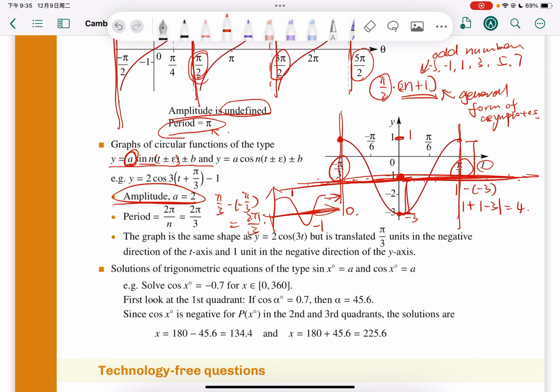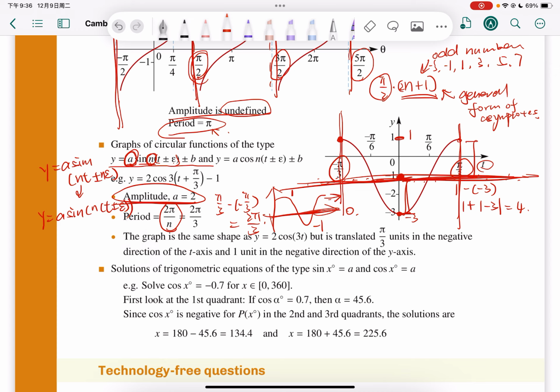So you have a formula for your period, 2 pi divided by n, and n is the thing you take out, so y equal to a sine of nt plus or minus epsilon, n epsilon, and you take the n out, so it becomes a sine n bracket t plus or minus epsilon.